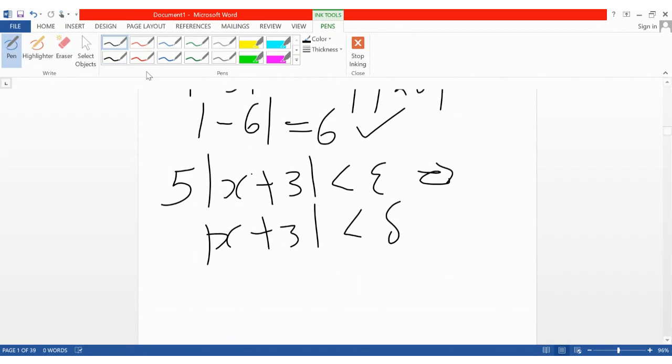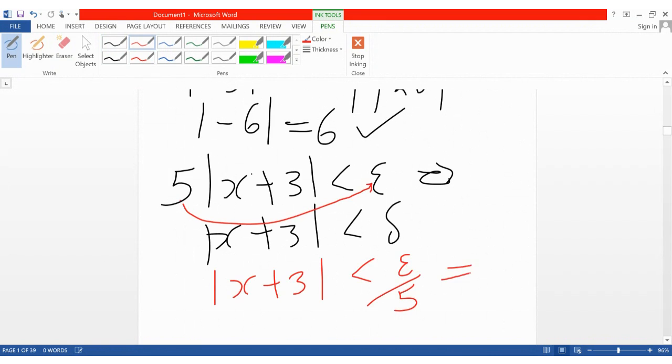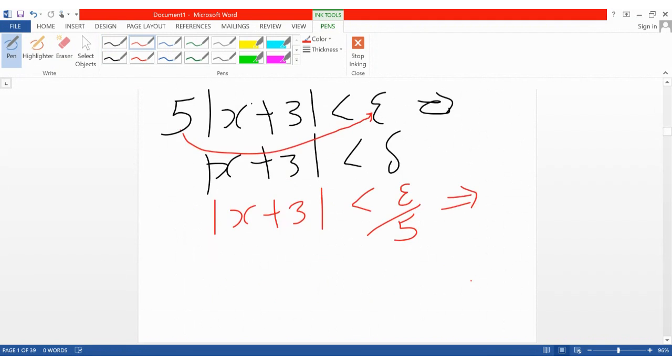We shall have the magnitude of x plus 3 is less than epsilon over 5 whenever x plus 3 is less than delta, which means that our delta has to be the same as epsilon over 5. We are done with the proof.